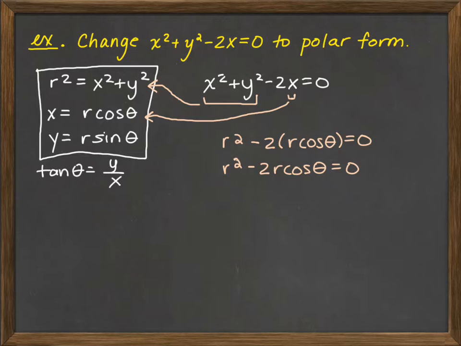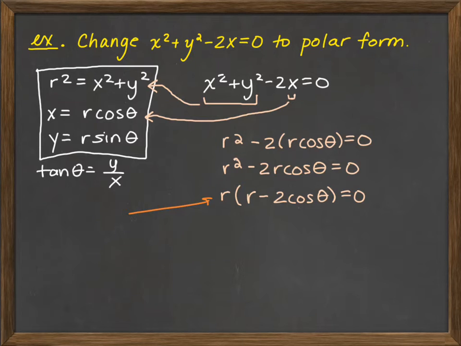Now I want an equation in polar form, so I want something that looks like r equals some type of expression. So how do I do that? Well, in this particular instance, I'm going to have to factor out an r. So I have r times the quantity r minus 2 cosine theta, equaling 0. And here we're going to use the zero product property that we've used in the past.